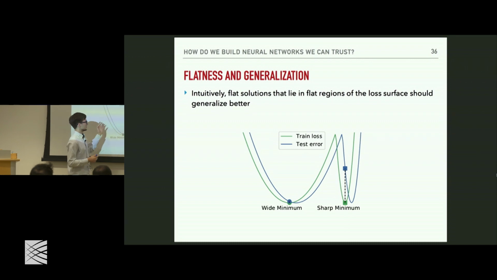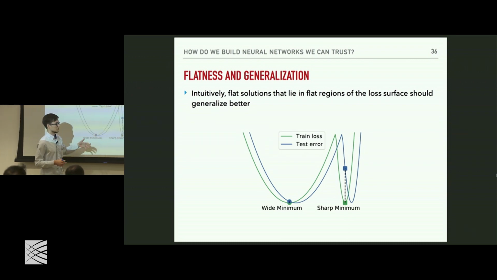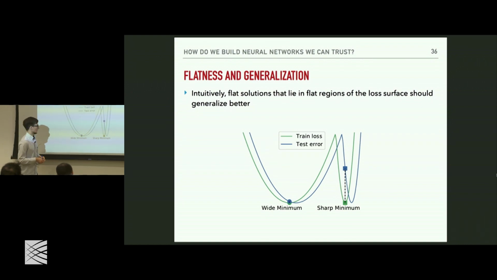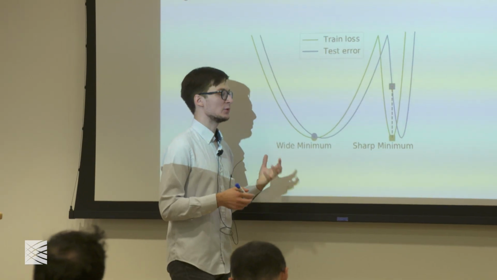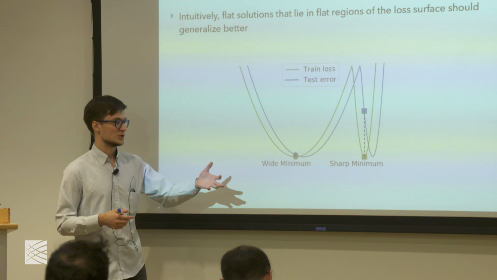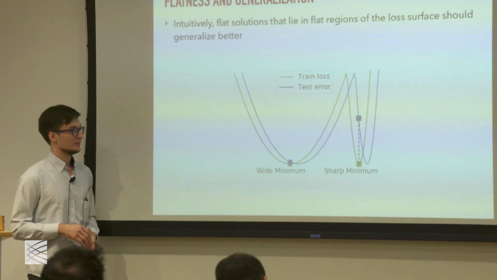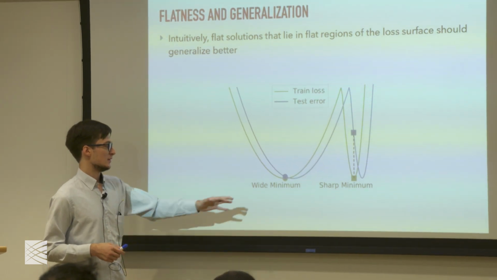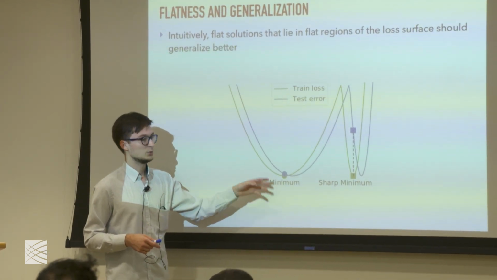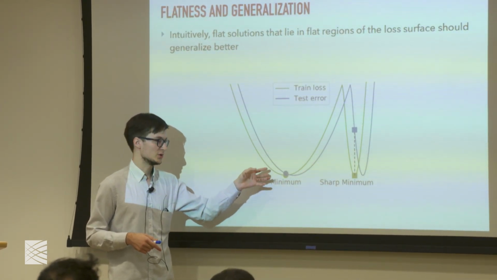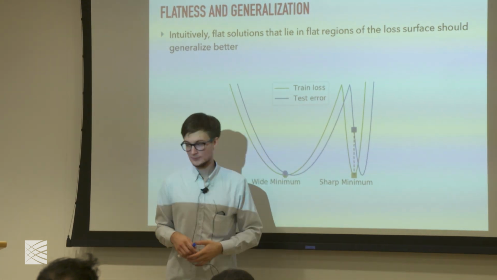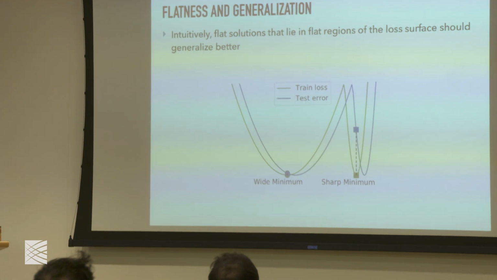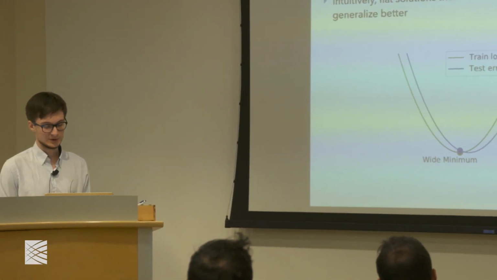The shape of the train loss and the test error, which we actually care about, are probably similar, but they might be shifted with respect to each other. If they're just shifted horizontally, like you see here on the slide, then the wide minimum wouldn't be affected as much by the shift as the sharp minimum.